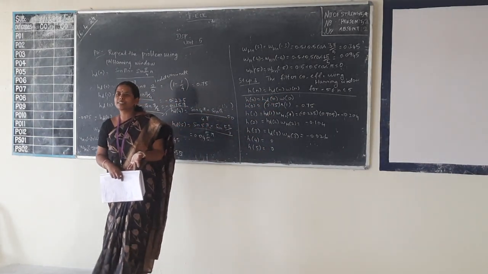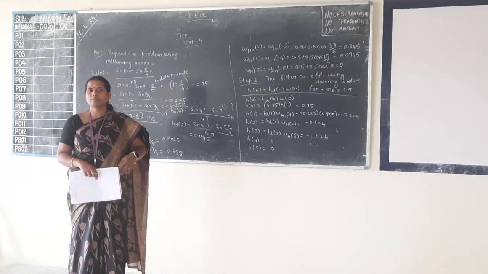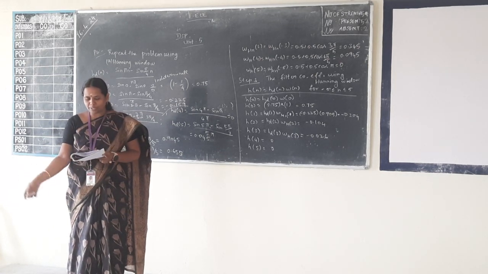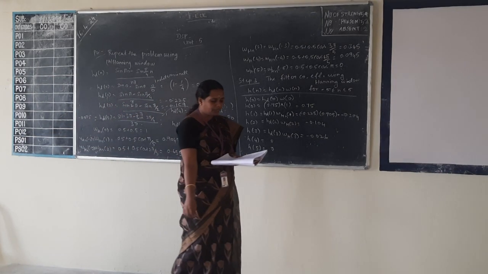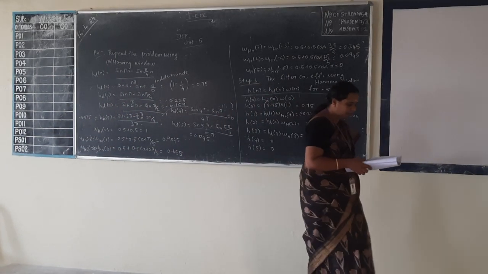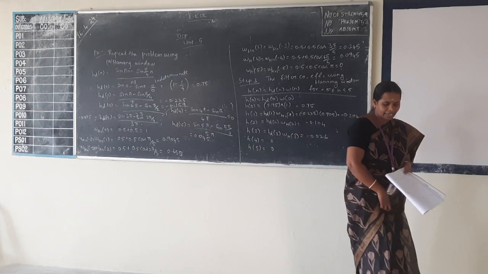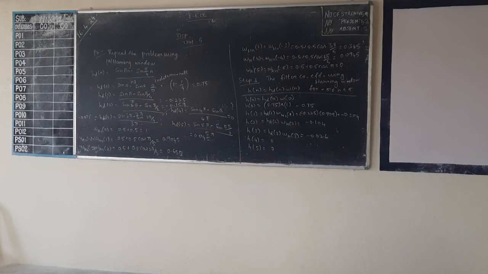What do we do next? Step 4, the transfer function. Step 4: the transfer function of the filter is given by, write that equation, and find out H of z is equal to h of 0 plus sigma n is equal to 1 to 5, h of n.